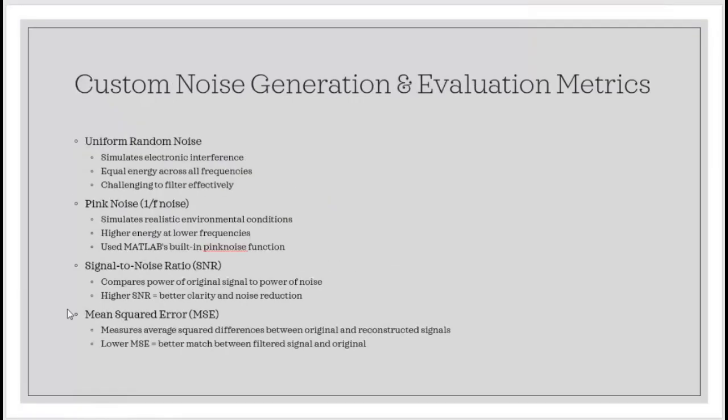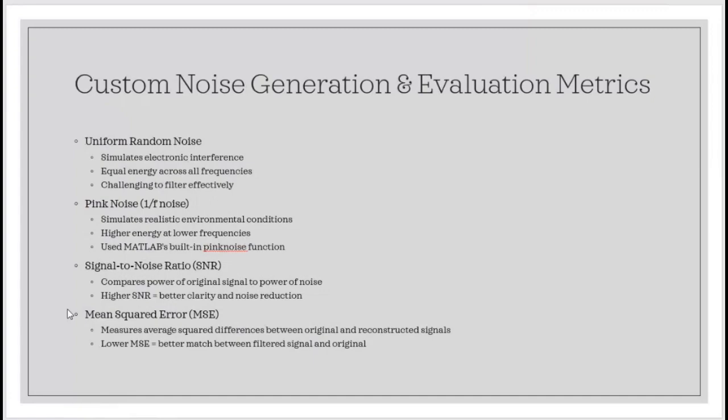The next portion of the project focused on creating custom noise and adding it to the original signal. I generated uniform random noise with a controlled amplitude taken from the noise profile in Part 1. This simulated electronic interference with equal energy across all frequencies and proved challenging to filter out. I also created pink noise to simulate more realistic environmental conditions.